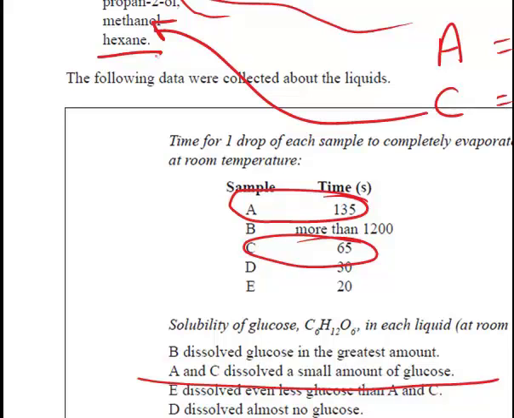Water, its ability to hydrogen bond, making it a very strong intermolecular bond, taking a lot of energy, and therefore taking the longest to evaporate. The fact that it is a very polar molecule, and that it dissolves a large amount of glucose, are all indications of water.